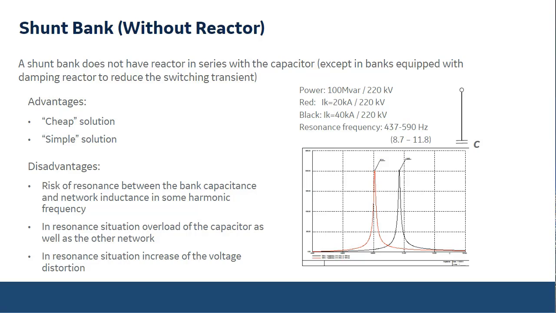So for example, if you have an 11th harmonic in the network and you just put this capacitor bank there, with some certain network configuration you will have a situation where the system is operated so that the resonance frequency is exactly at the 11th harmonic.